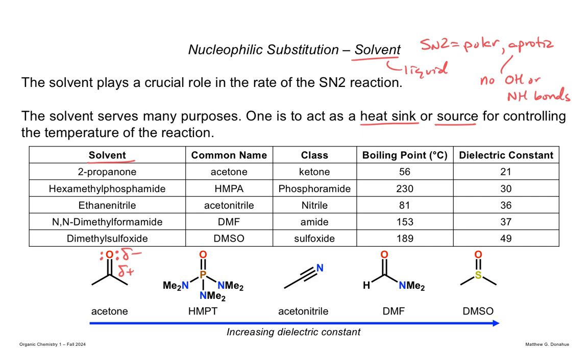Acetonitrile is a nice solvent because it's under 100 degrees boiling. Again, it's polarized, so delta minus, delta plus. DMF is dimethylformamide. And then the last one is DMSO, dimethyl sulfoxide.